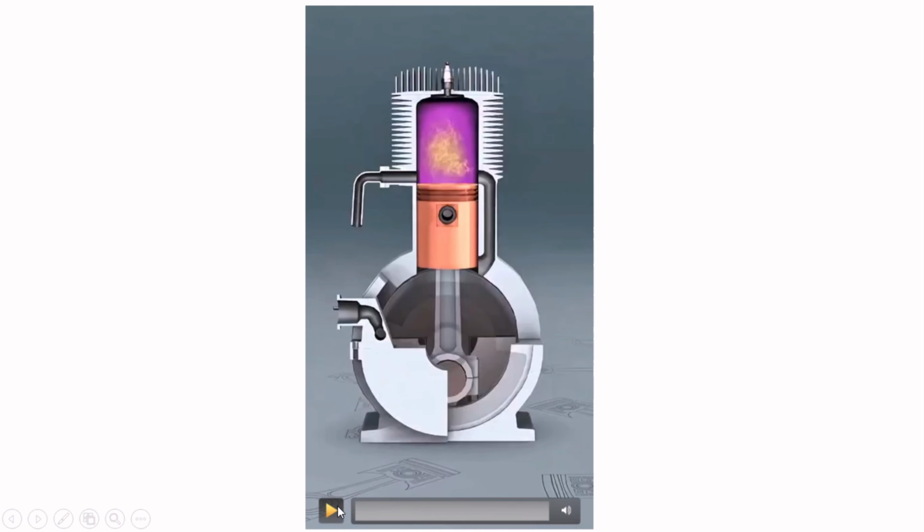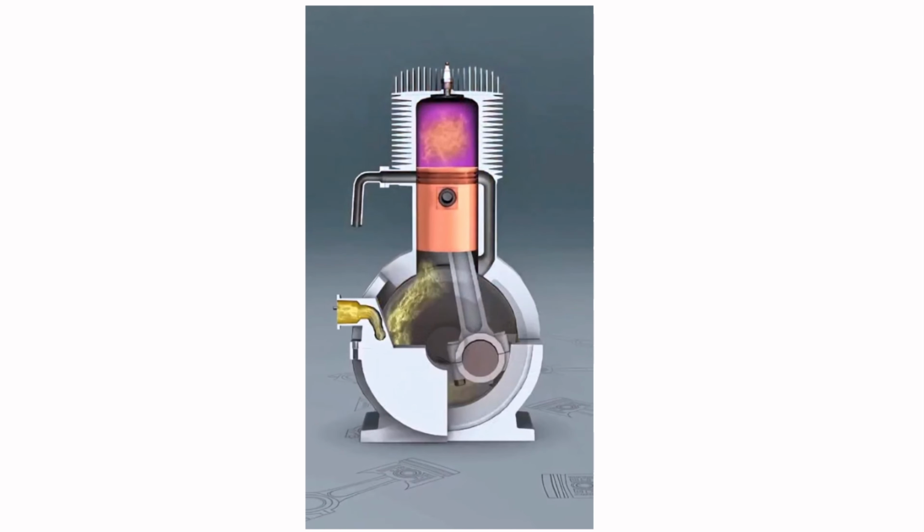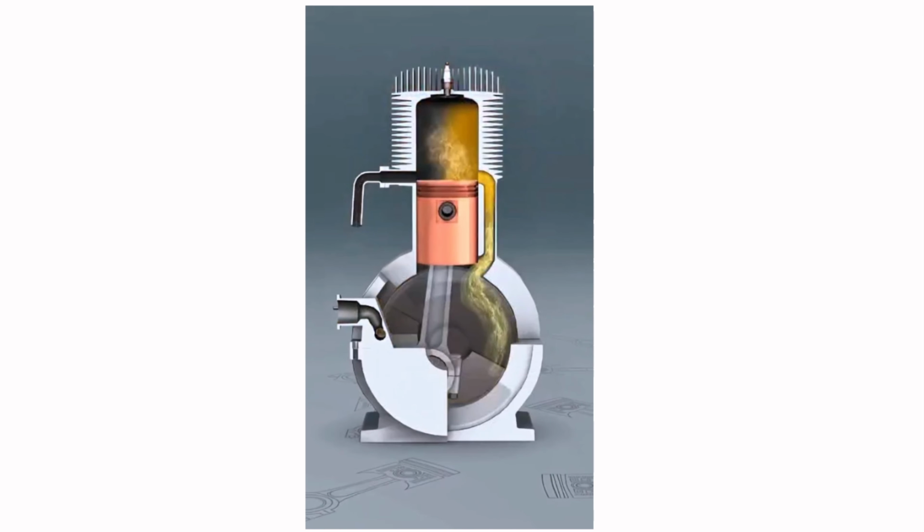What will the carburetor do? It will mix these three elements, and it will send it to the combustion chamber. But first it goes to the crankcase. From the crankcase it goes to the combustion chamber, and then the ignition will happen, and also the power will be produced by the spark of the spark plug.